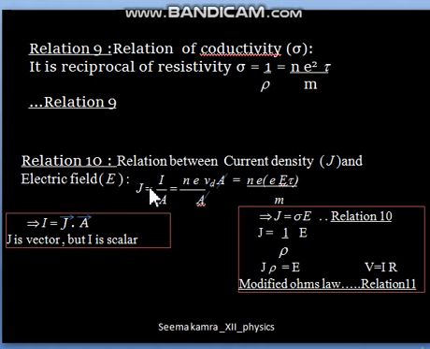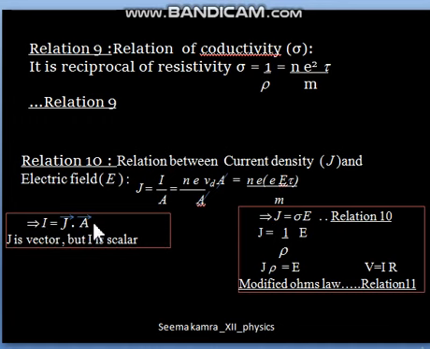You can remember that current density J is current per unit perpendicular area, or you can also remember it by cross multiplication, which converts it to the vector form. You can see J into A is current. So J into A is current. This way also you can remember it.